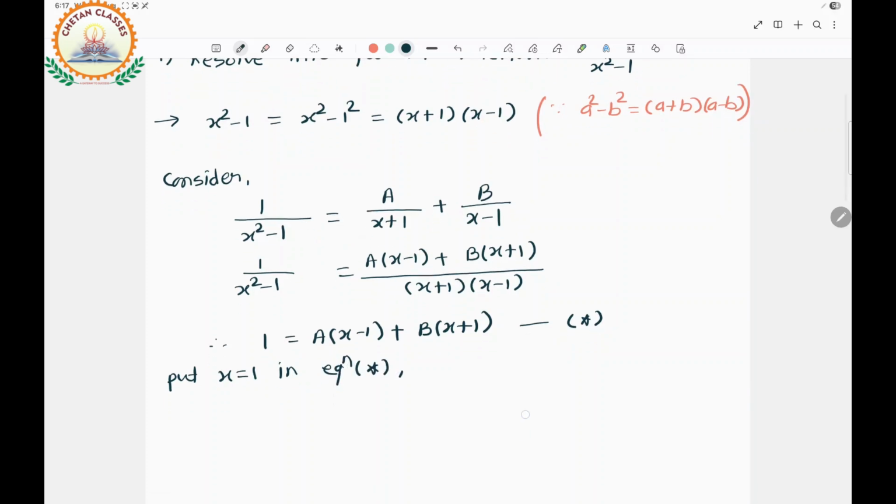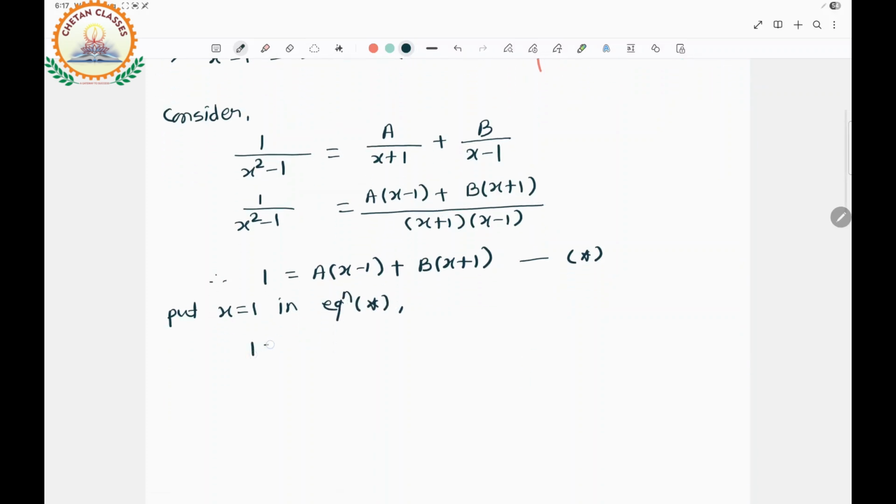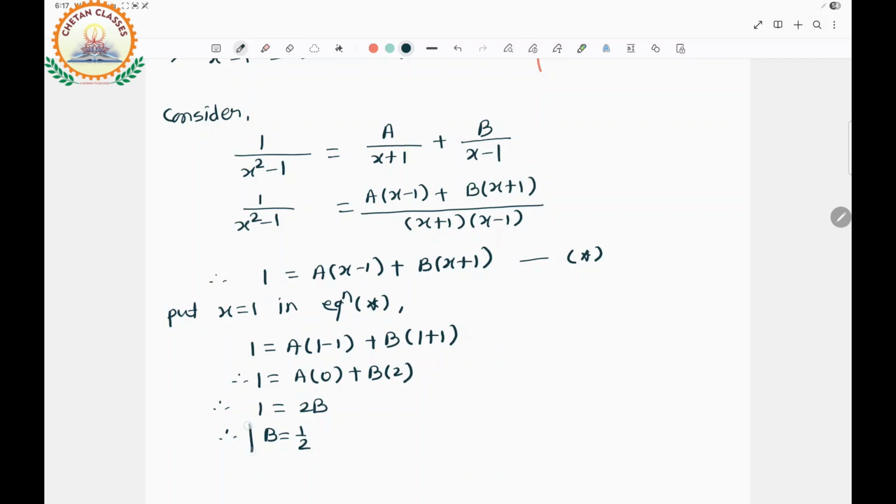We get 1 is equal to a into 1 minus 1 plus b into 1 plus 1. Therefore, 1 is equal to here a into 0 plus b into 2. Therefore, 1 is equal to 2b. So, b is equal to 1 by 2.